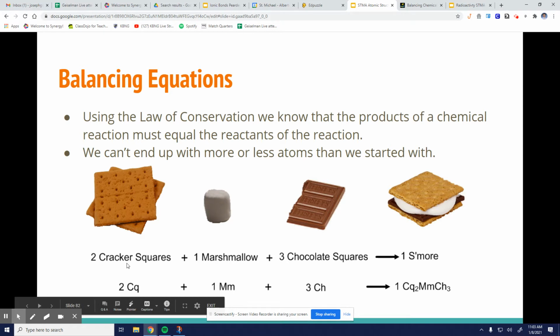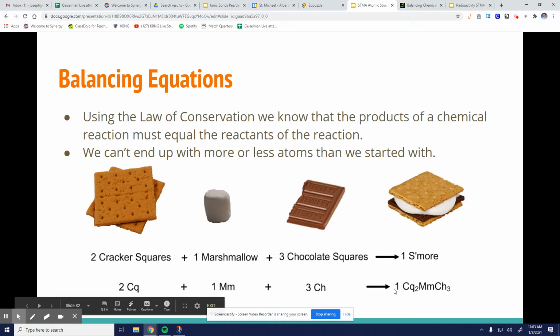Well, if we wrote that as a chemical equation, we have 2 cracker squares, 1 marshmallow, and 3 chocolate squares. That forms together 1 s'more. So the subscript 2 here talks about that one. Okay, so 2 cracker squares, 1 marshmallow, which doesn't have a subscript because it is 1, and 3 chocolate squares.